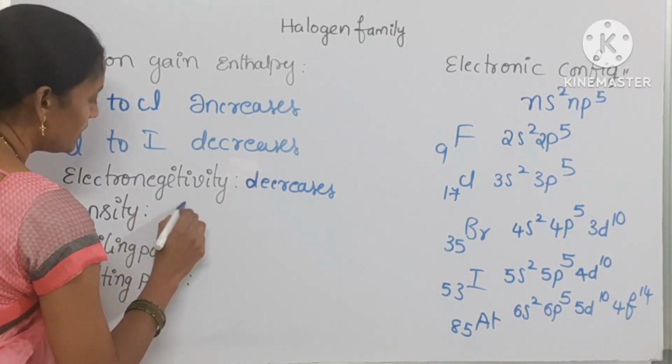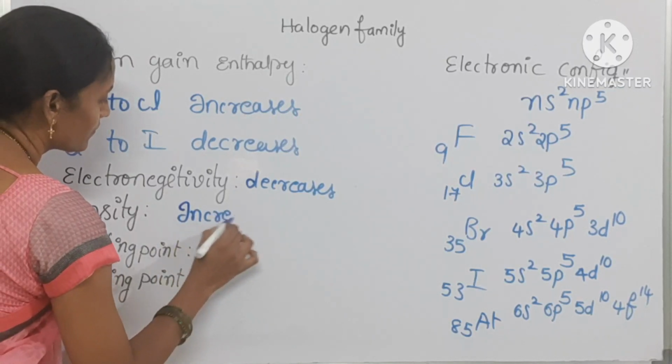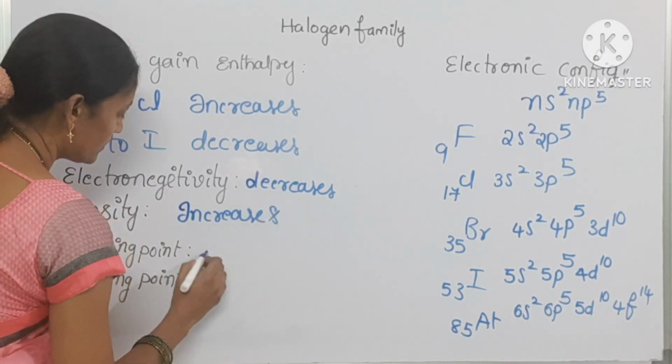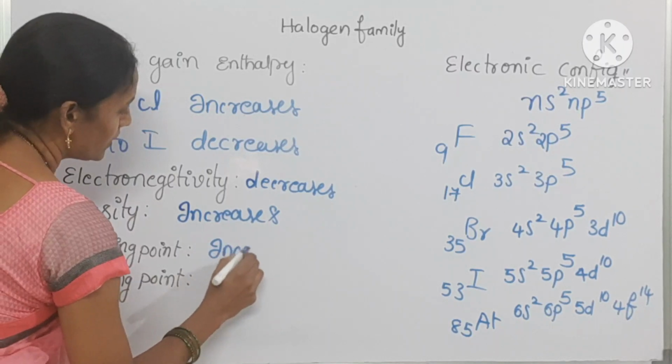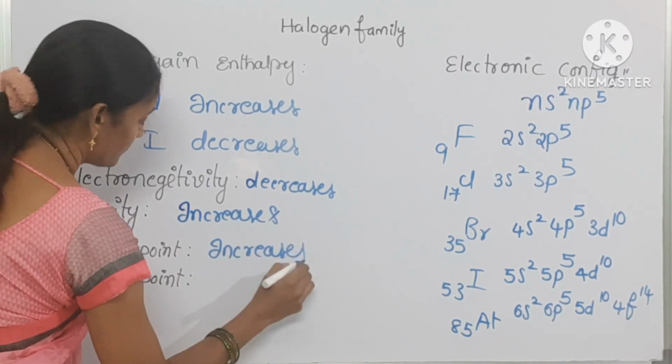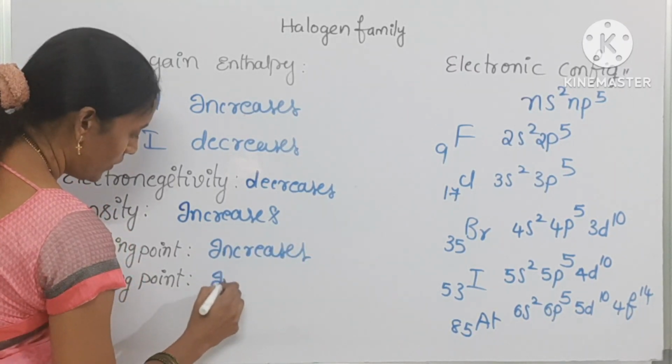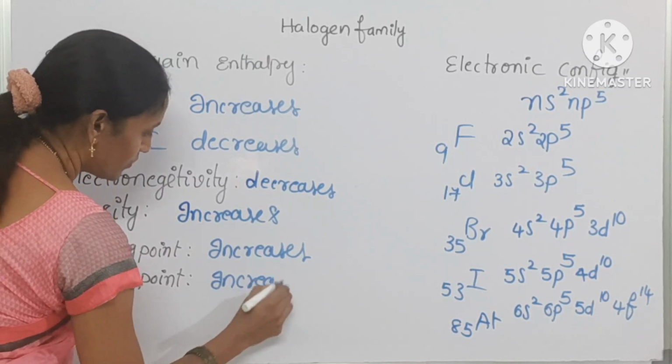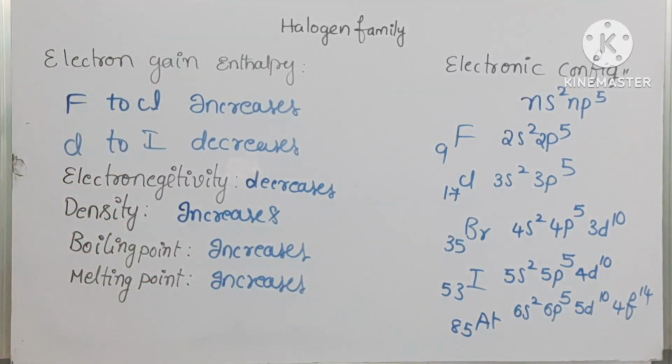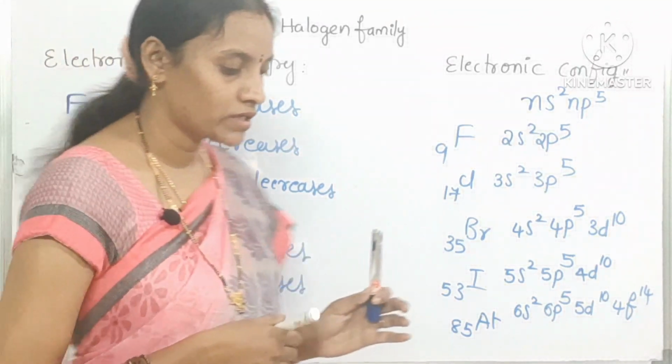So density increases, boiling point also increases, melting point also increases, my dears. Just remember. Then we will move to the next property.